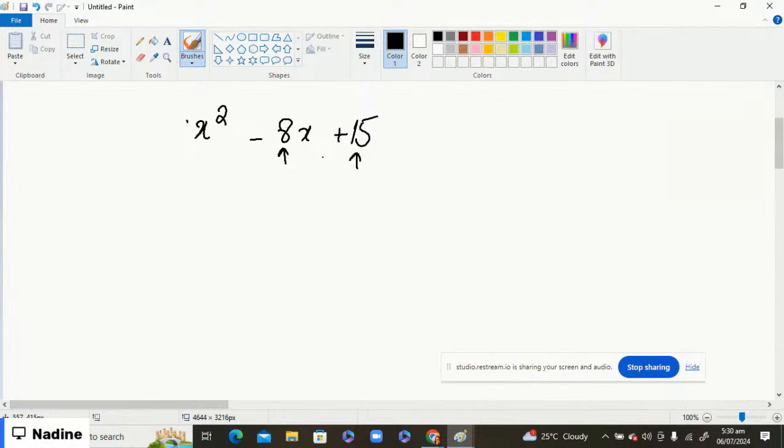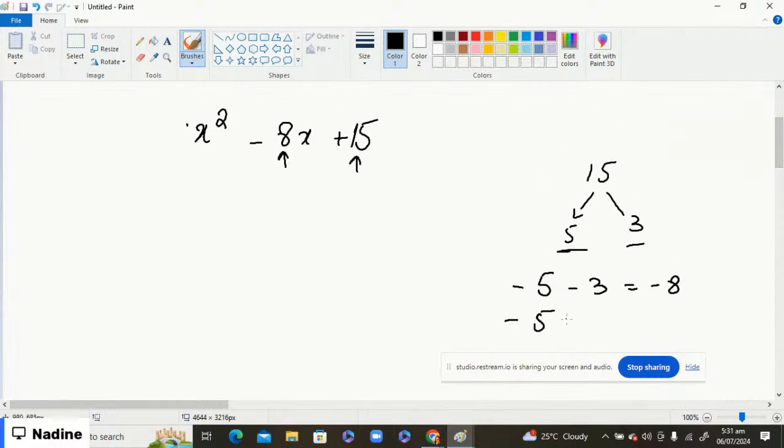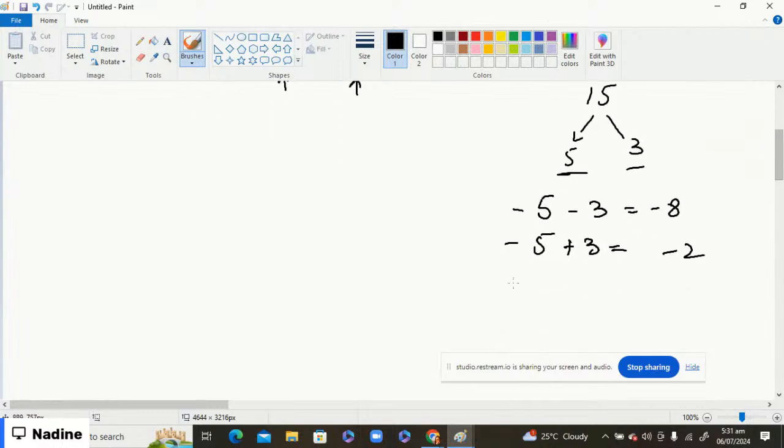When you factorize, for example, here the term is 15, 5 times 3 is 15, only the two multiples. When you add minus 5 minus 3, you get the answer minus 8. Otherwise, for example, when you add plus 5 minus 3, you get 2.